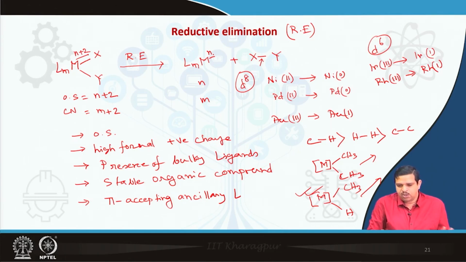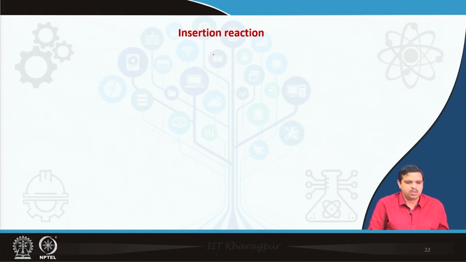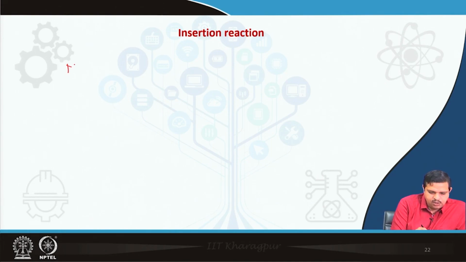This information is very helpful to understand the reaction mechanism when we come to polymerization by transition metal or organometallic catalysts. One of the very important and very beautiful reactions is the insertion reactions. I will discuss what the insertion reactions are in a general way.